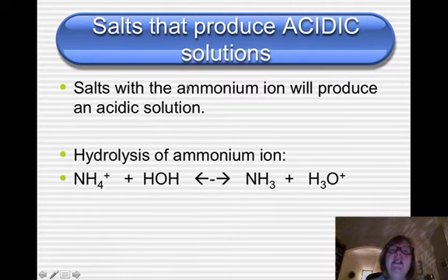All right, let's look at salts that produce acidic solutions. And the salt that we're going to look at is something that has the ammonium ion. So ammonium ion will produce hydronium ions in solution. So here we've got the equation down here.